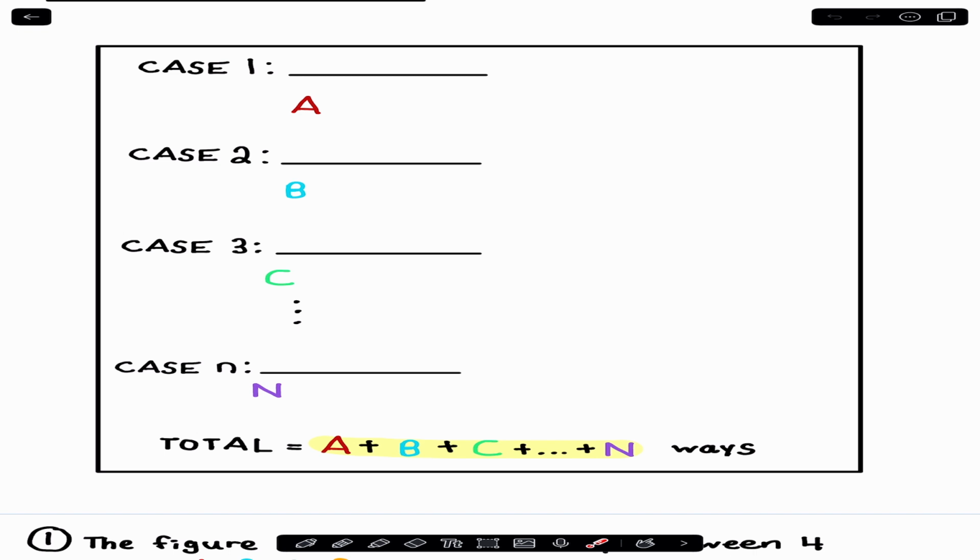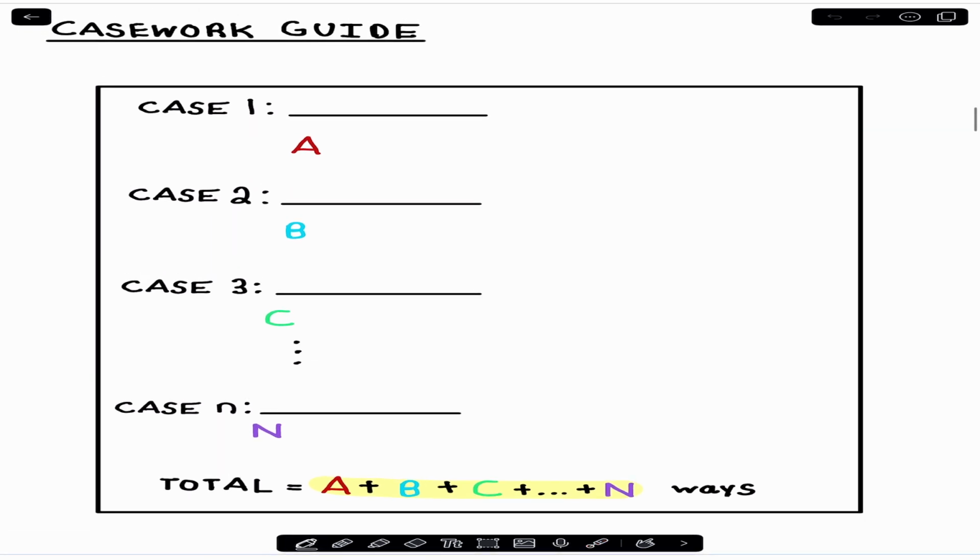In the end, your total is just going to be all of these numbers added up together. And it's very important that you add them up and you do not multiply. With that all out of the way, okay, let's see this casework in action with question number 1.